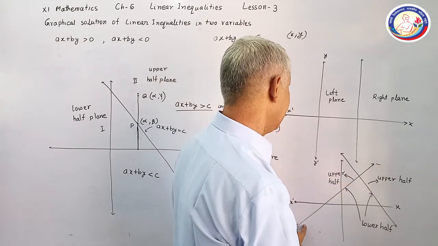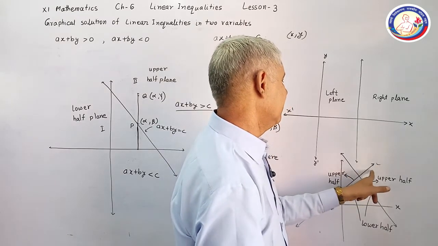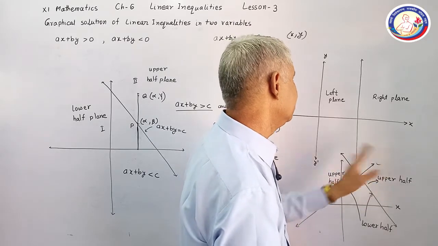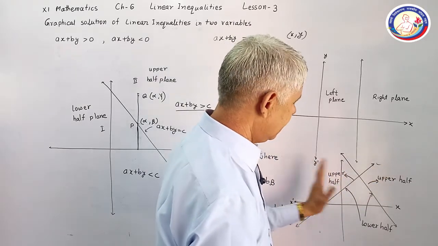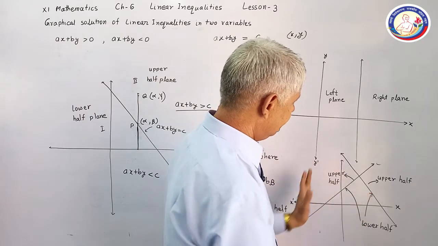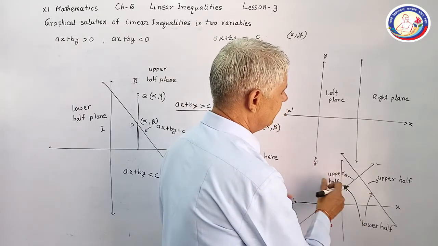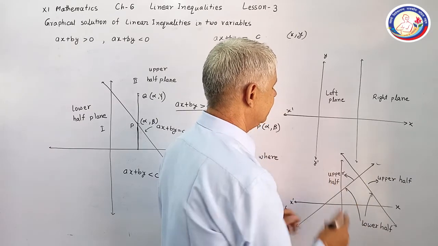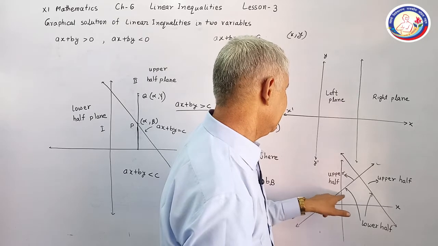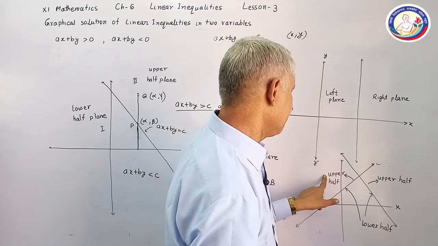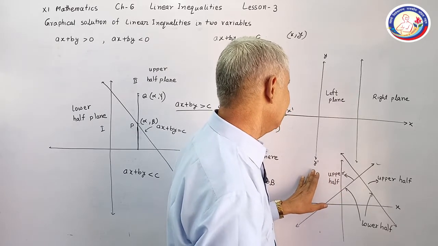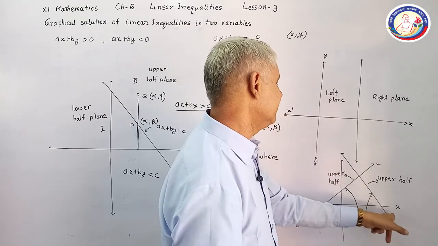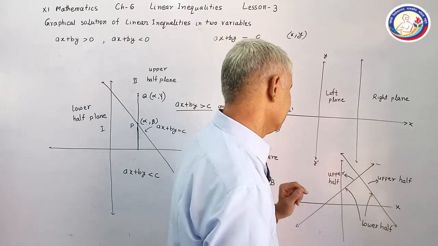Each point on this line will be a solution of the equation ax plus by equal to c, and the remaining two halves will represent the solution of inequalities. A point in the upper half will represent one condition and the lower half will represent the other condition.